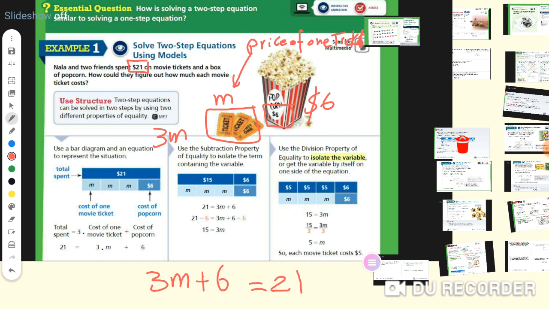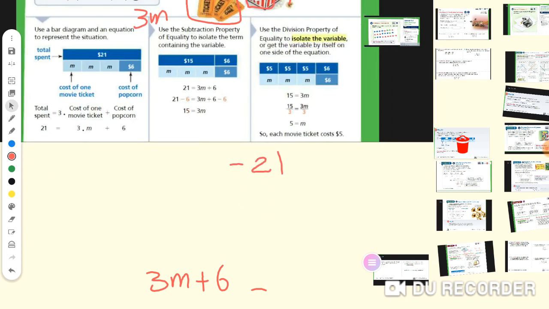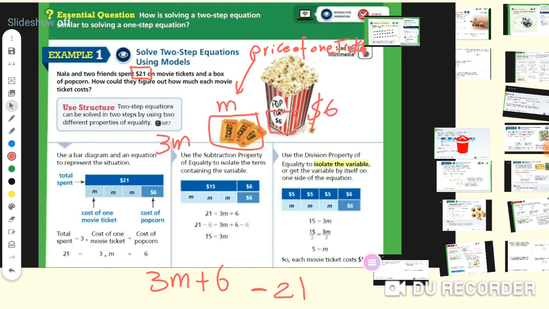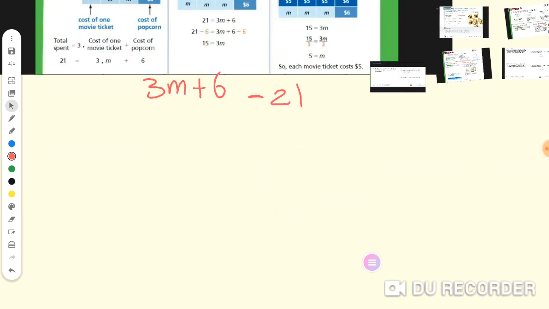So first of all, I need to take off plus 6, so I will subtract 6 from this side, and subtract 6 from the right-hand side. So it will give me 0 here, so I have 3M equals 21 minus 6, 15.